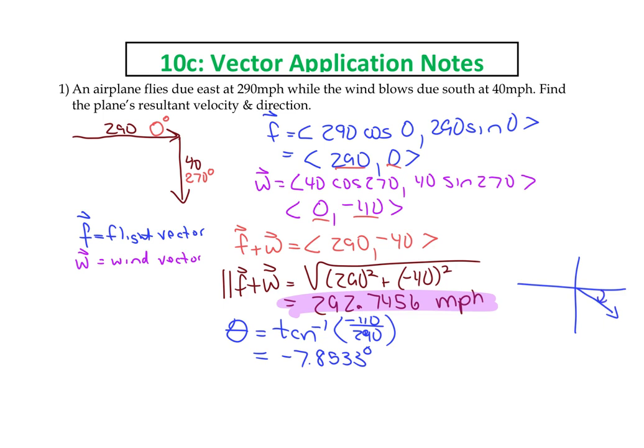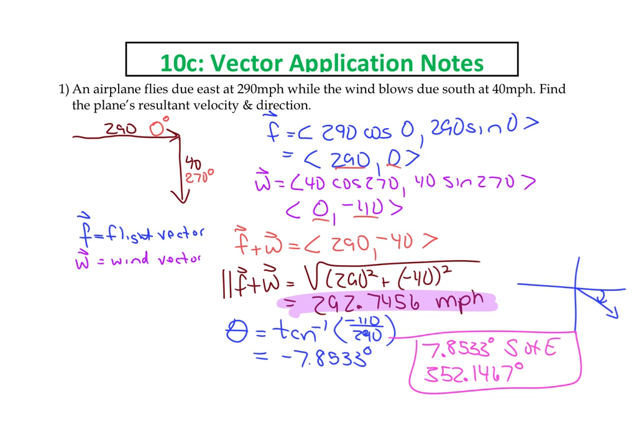I can state one way of the answers would be 7.8533 degrees south of east. Or I can add the 360 and get 352.1467 degrees. Either one of those would work, depending on what we want when we give you the instructions for the word problems.